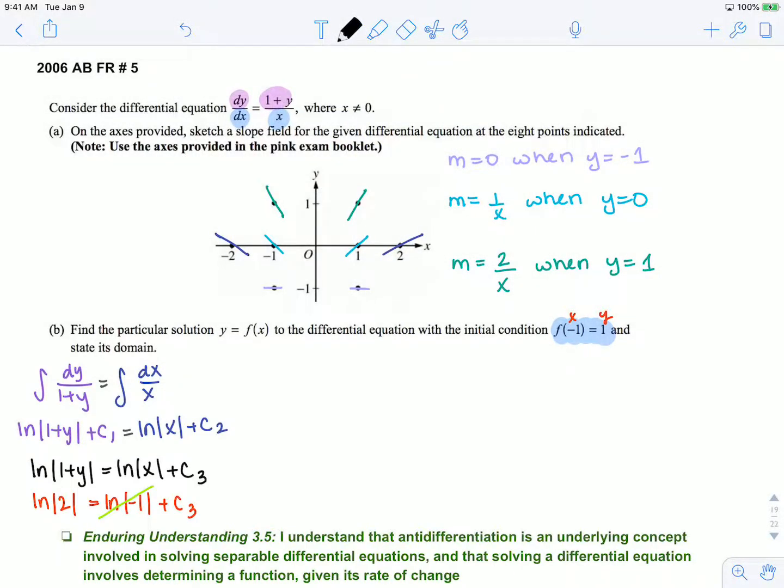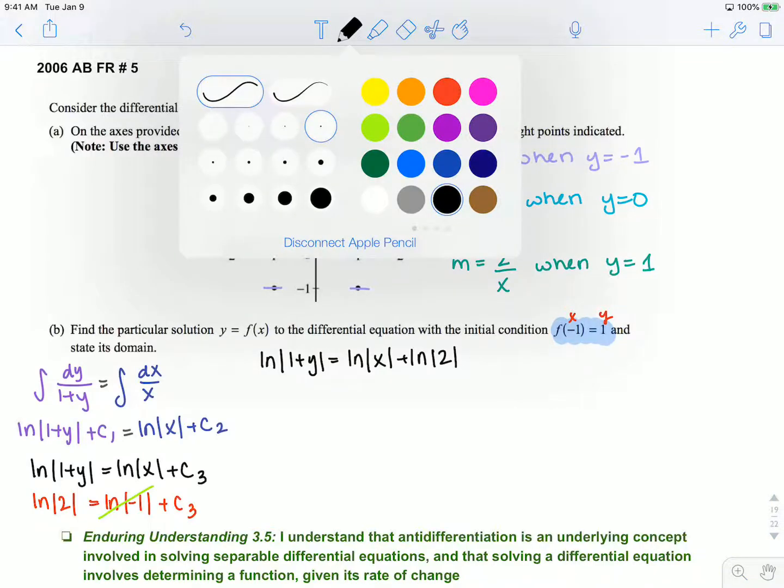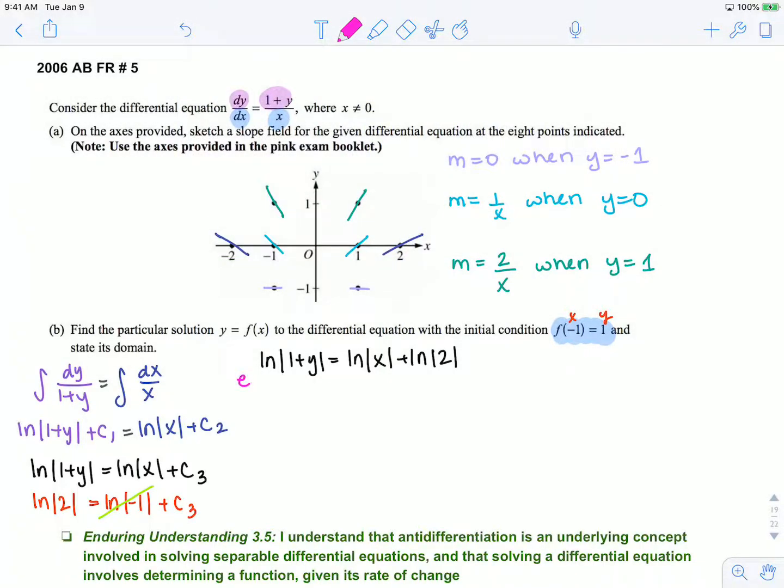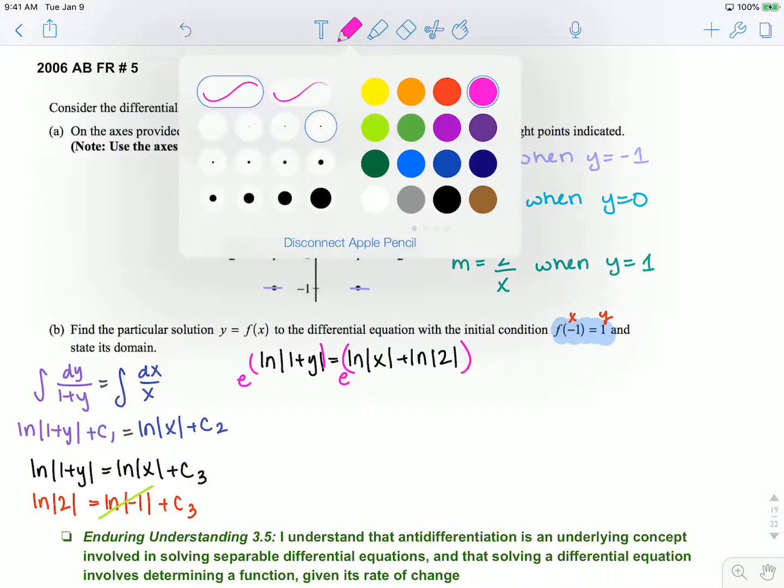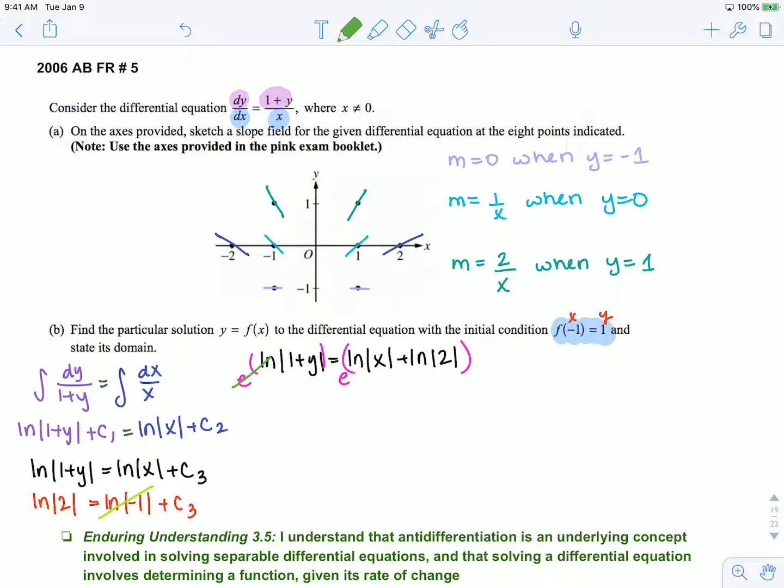Going back to our equation, ln absolute value 1 plus y equals ln absolute value of x plus ln absolute value of 2. In order to solve for y, I'm going to exponentiate both sides. e to the ln cancels, and we're left with 1 plus y equals.